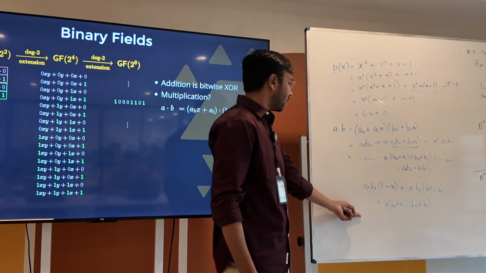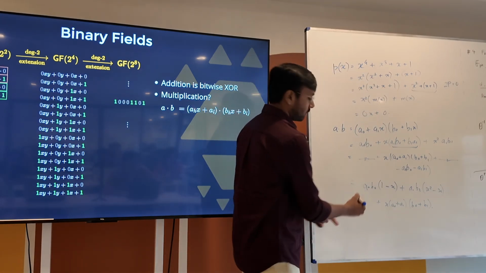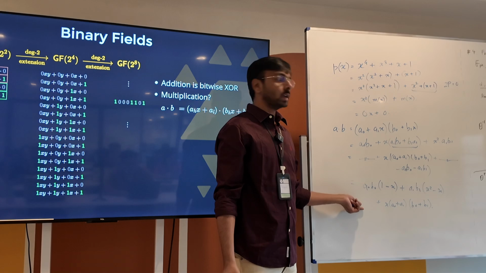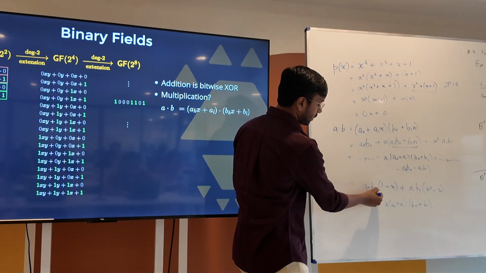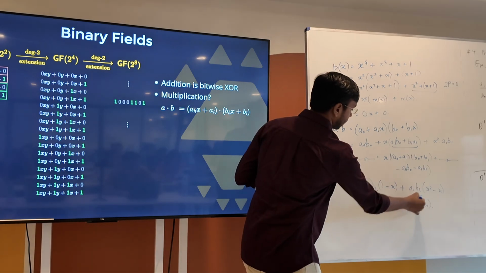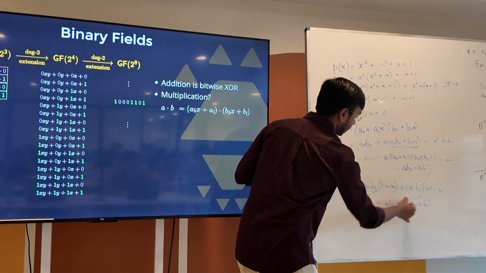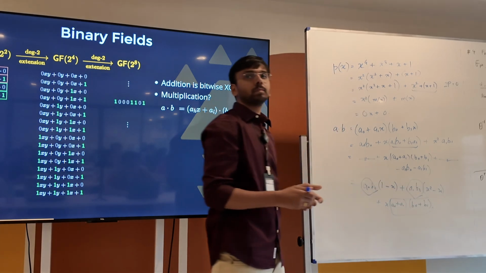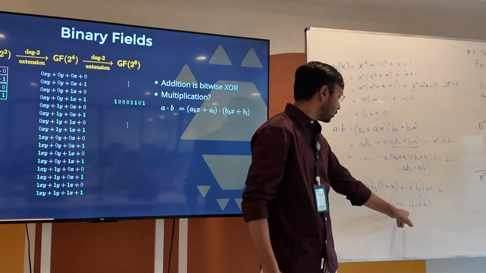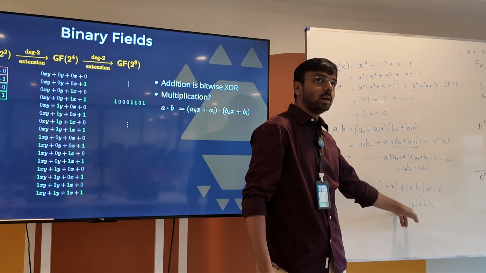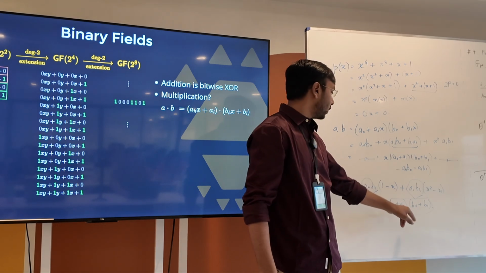Does this make sense? So effectively, you are only doing 3 multiplications: 1, 2, and this one is 3. Addition does not affect the degree of the things that you are doing here.